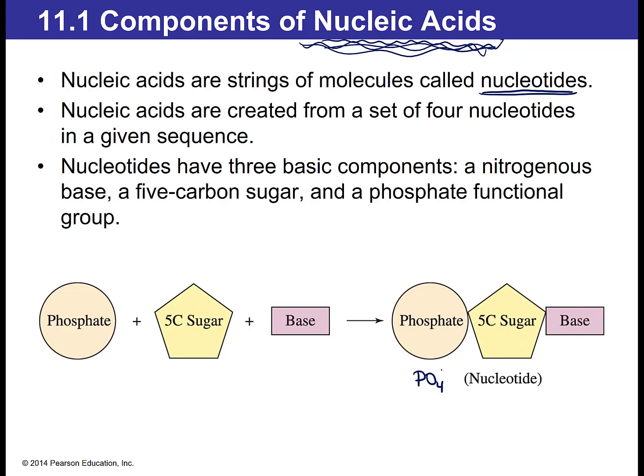Remember that the phosphate group is a PO4 3-. That is a polyatomic ion. It's got some kind of sugar. It's a 5-carbon sugar, so it's a pentose. We actually looked at these. It's either ribose or deoxyribose. We talked about those way back in the carbohydrate chapter.